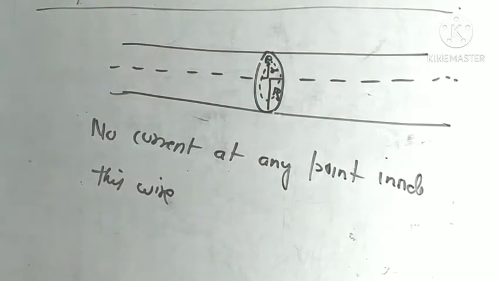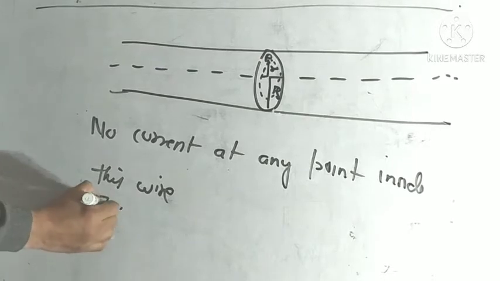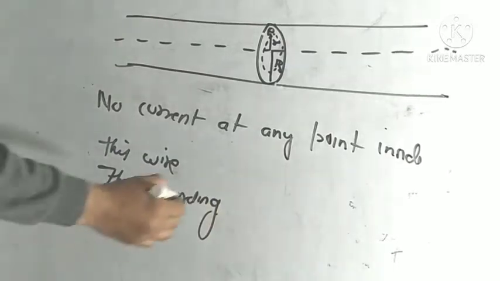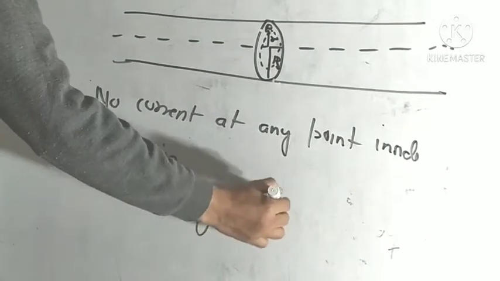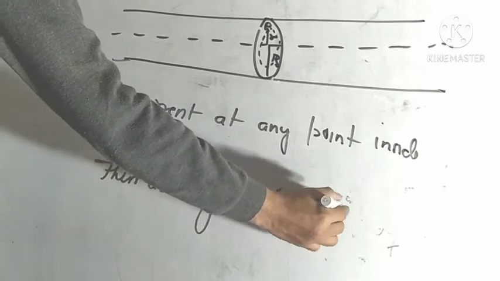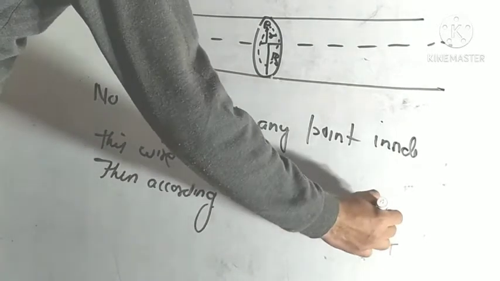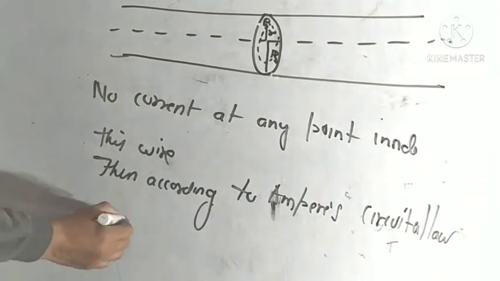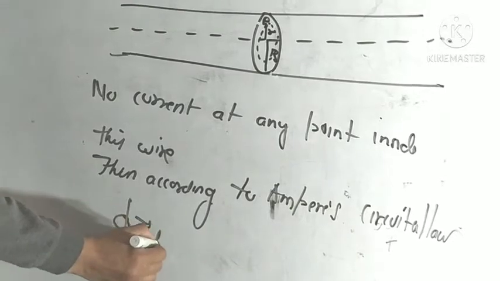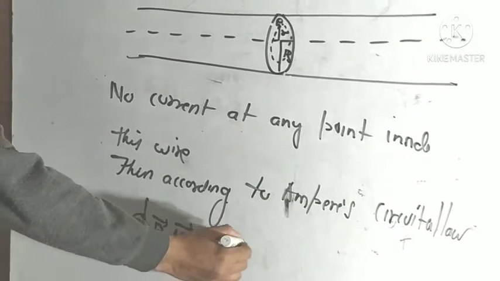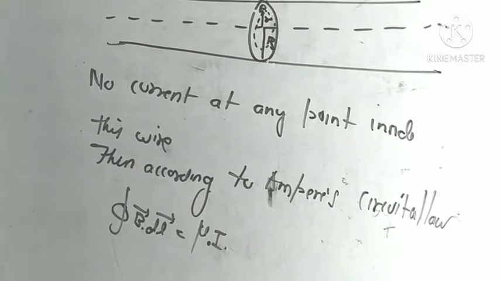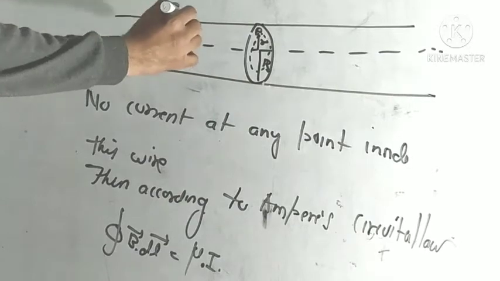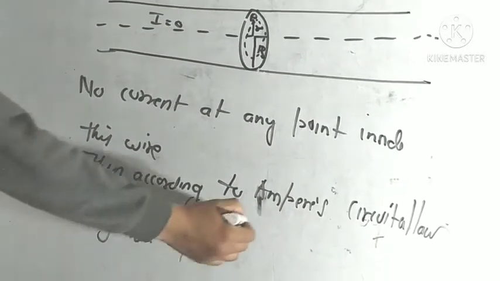Then according to Ampere's circuital law, the line integral of B dot dL is equal to mu naught I. Inside this conductor I is equal to 0, so we put the value I = 0 here.